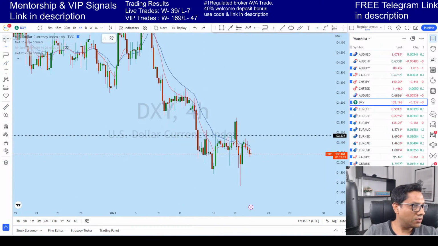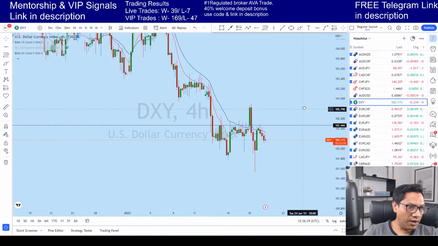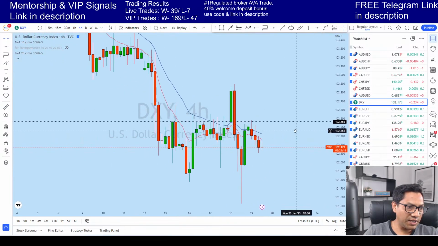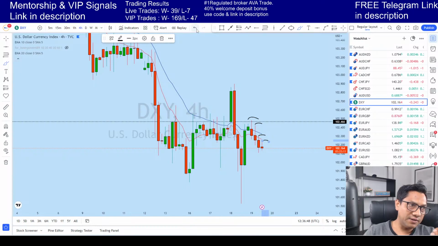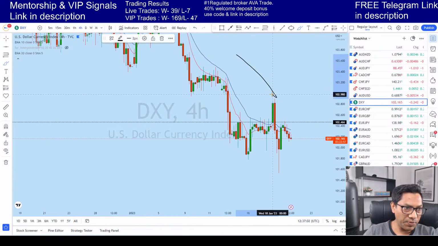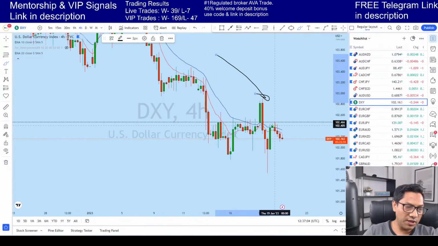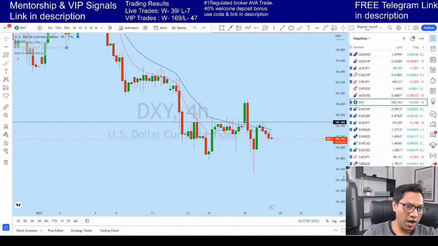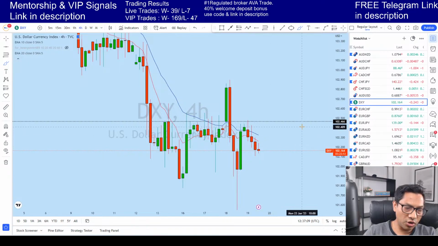Let's readjust this resistance, and we see that currently the price is creating smaller candles and a series of lower highs. That's a sign that this price will highly likely continue to drop. There are two factors. One is the breakout of this resistance and the liquidity grab, so the long-term trend is bearish, and slowly the price is creating a series of lower highs with smaller dojis.